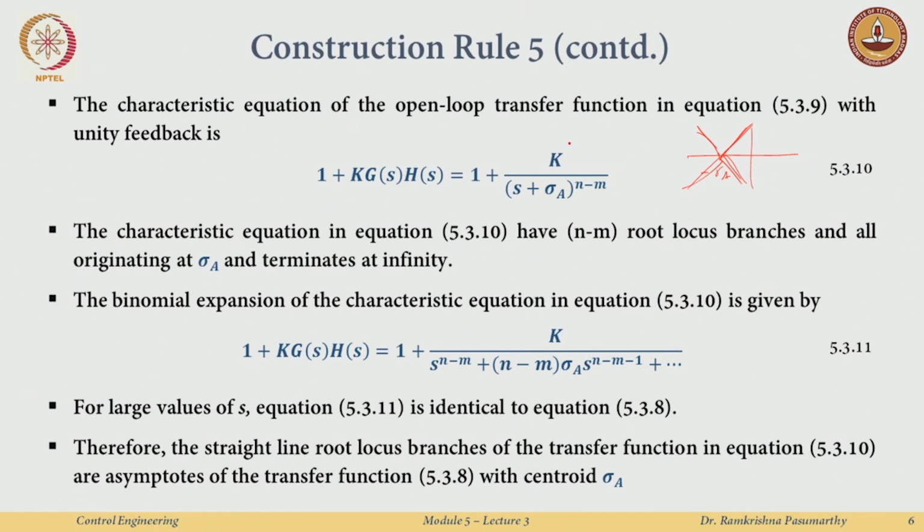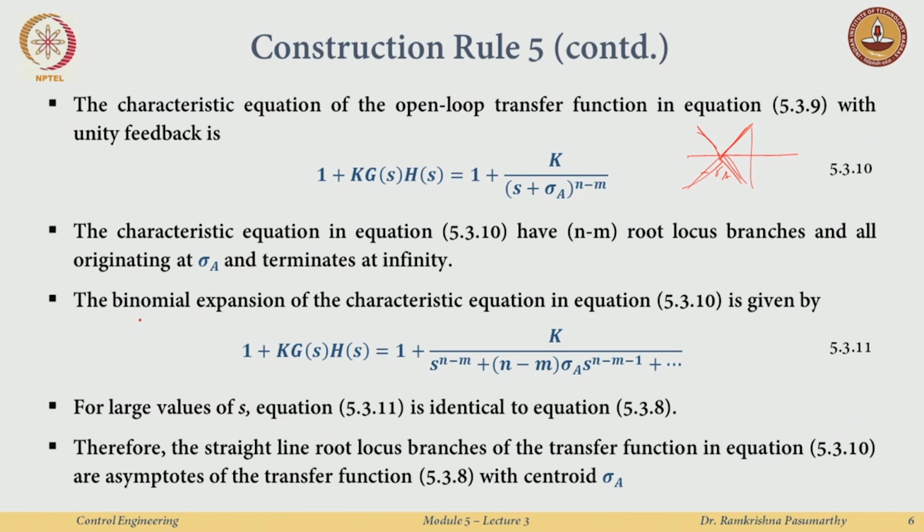So, I am looking at an equation like 1 plus k over this guy, n minus m, and all these n minus m branches, they go to infinity. Okay. Now, let me just expand this a little bit, right. So, this is like s plus a to the power n kind of thing.